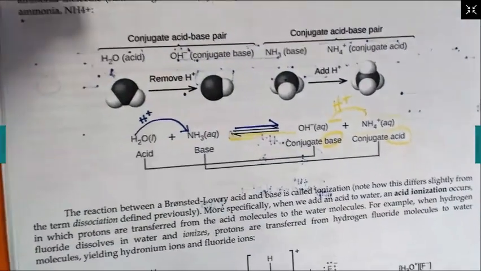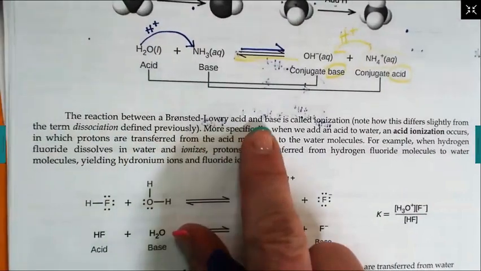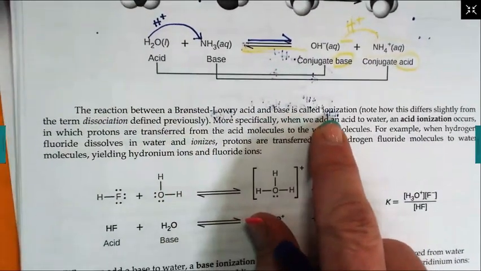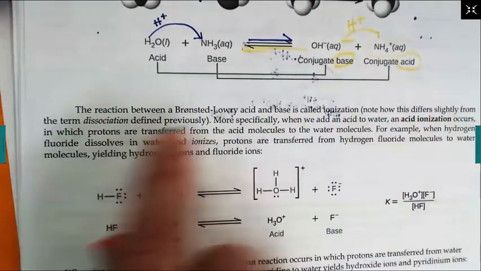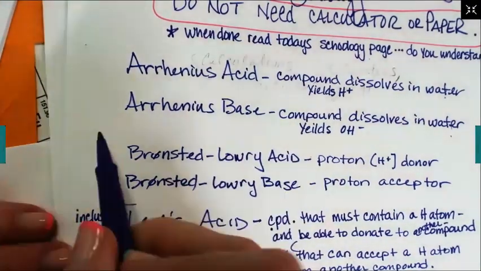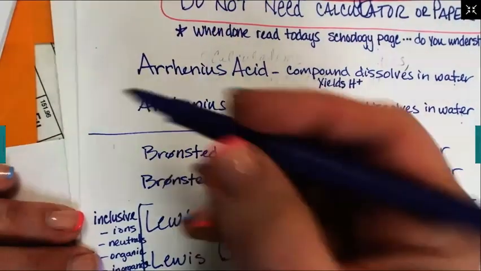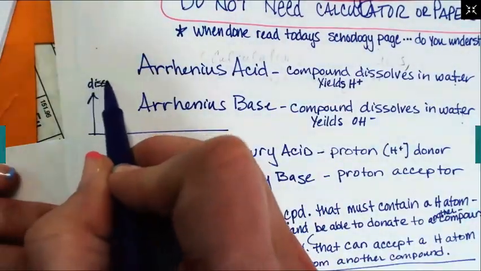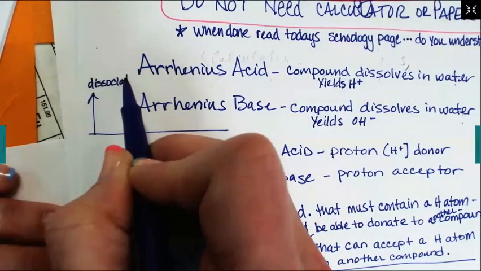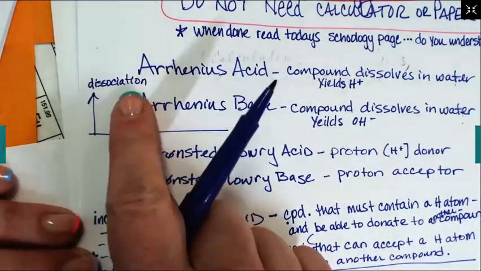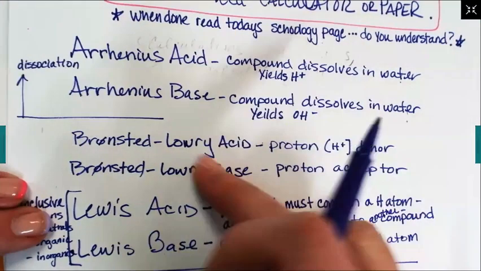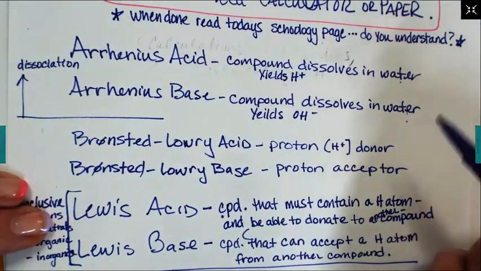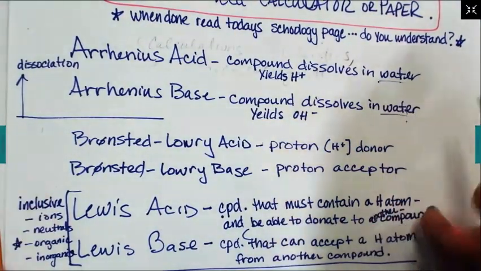Now, the reaction between a Bronsted-Lowry acid and base is called ionization. Now, this differs slightly from the term dissociation. So everything this way, we say dissociation, right? Because dissociation occurs when you put that solid in water, and that's Arrhenius, he's all about water.